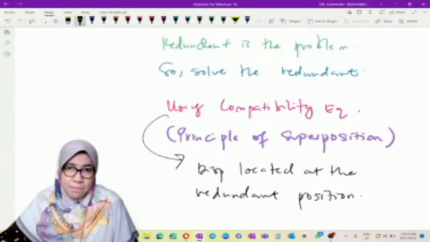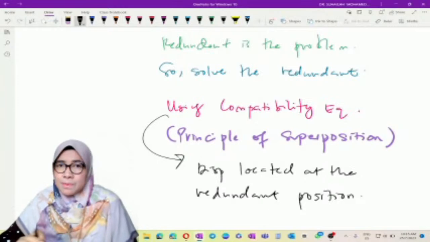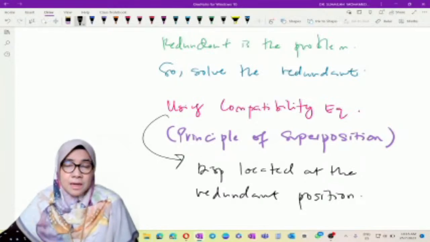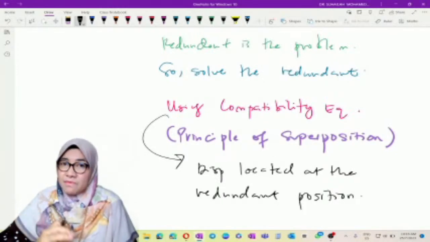For beam, we have to recall the determinate beam concept. There are two types of determinate beam. The first is the cantilever beam, where one end is fixed. This is a determinate beam.